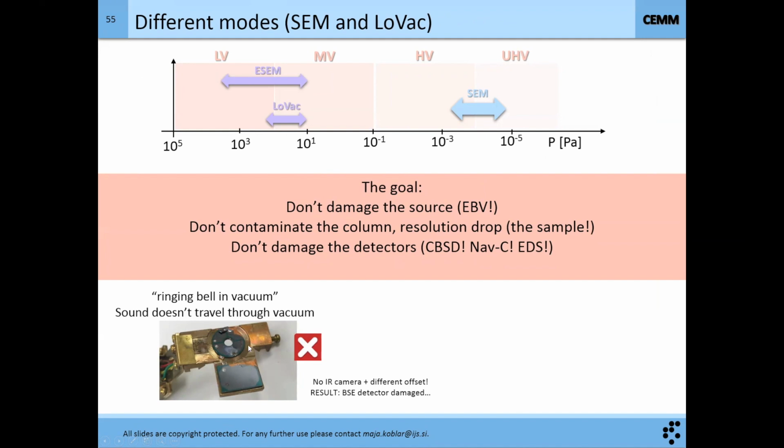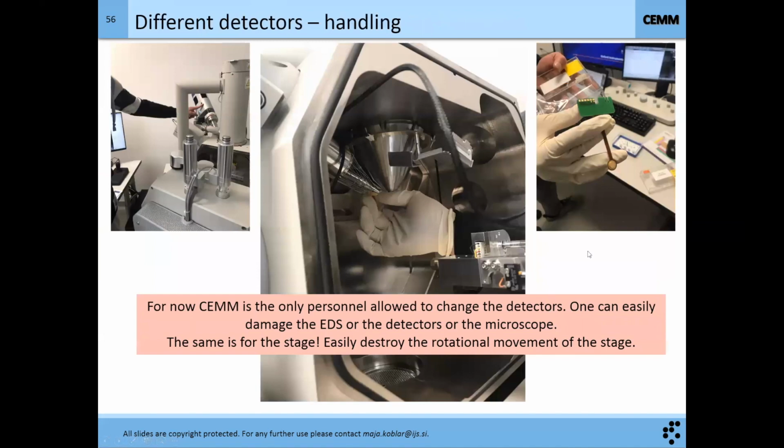This is on the old microscope. You have the CCD camera, so I think this won't happen. For now, only the SEM, and I think we will also train Katarina and Drnoshek to change the detectors, because you can easily damage the EDS, which is really expensive.